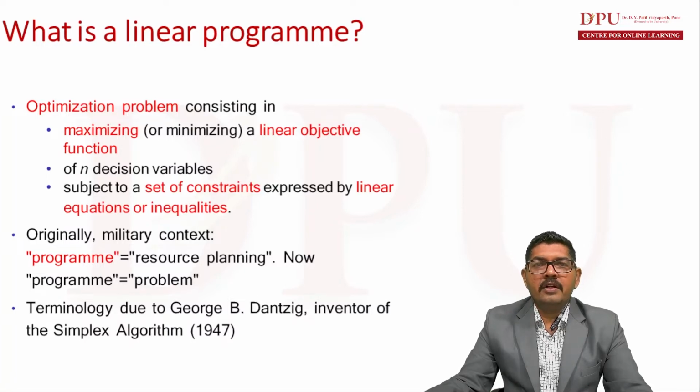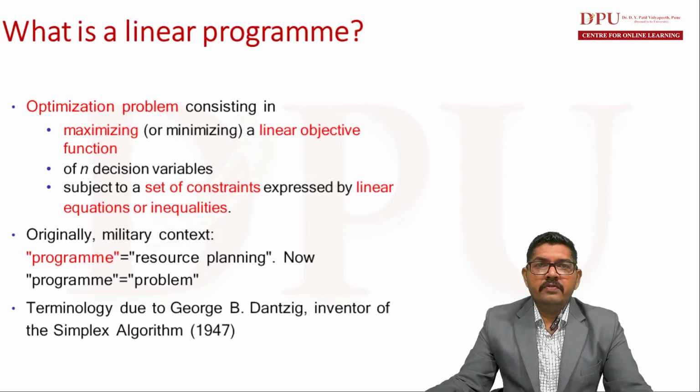Apart from that, there can be objectives such as minimizing the cost, the expenditure, the time. These are the different types of objectives every organization tries to achieve. When these objectives can be formulated in the form of a linear equation, such objectives become linear objective functions.